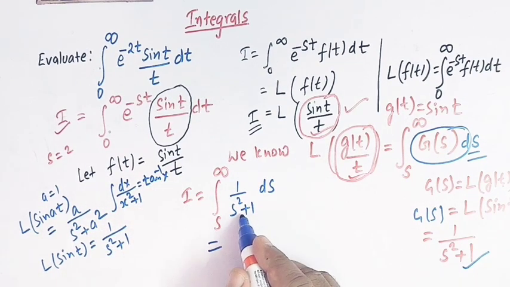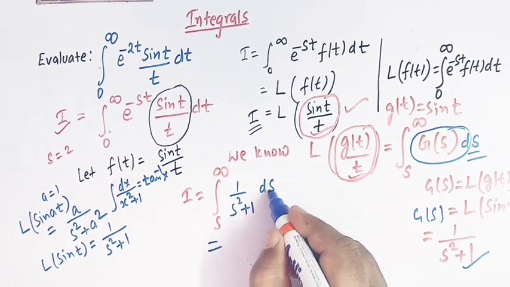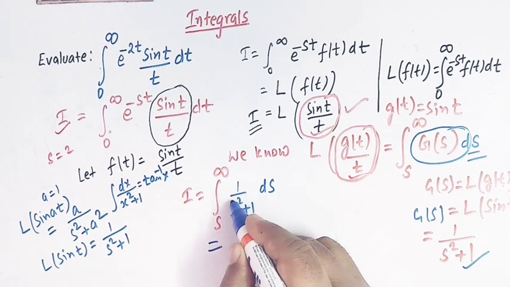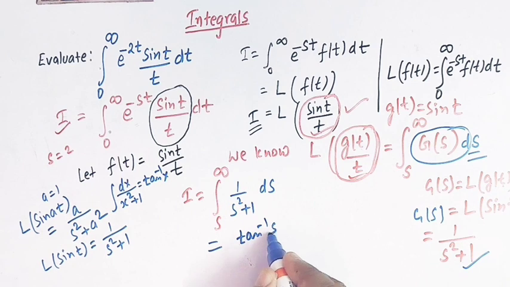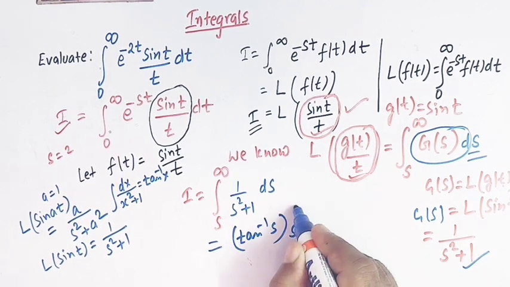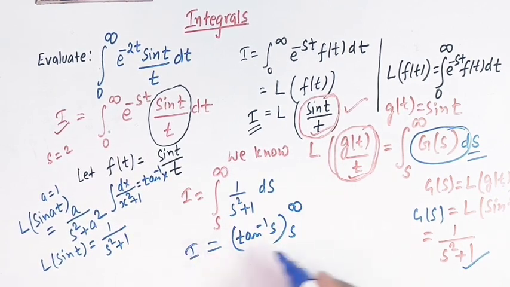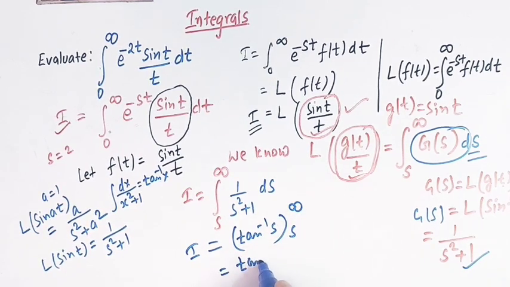Here we have the integral in terms of s, with 1 over s square plus 1. So the integral is tan inverse of s, with limits of integration from s to infinity. Now we can substitute the limits and take the difference.